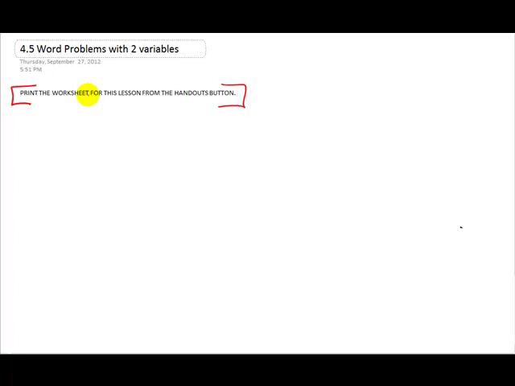We're going to be looking at basically two different ways of setting up our equations. And we're talking about two variables, so we're talking about a system of equations. The first method is going to be where we have a number amount and a value.